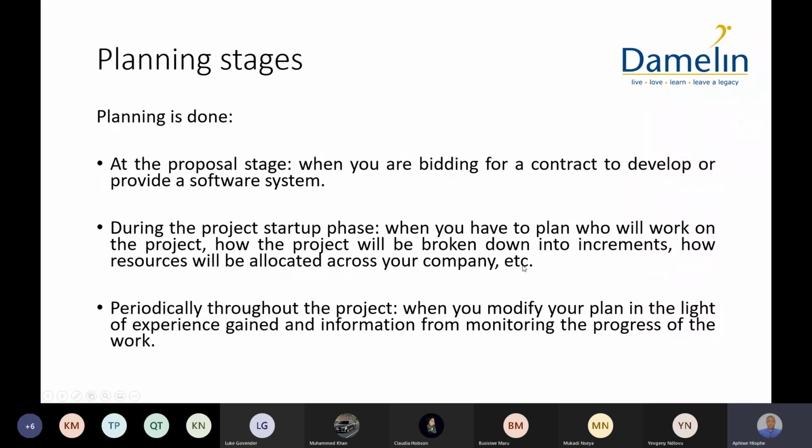Okay, so you do it at proposal stage, you do it at the project startup phase or the initiation phase. And then you also do it periodically throughout the project, when you modify your plan in the light of experience gained and information from monitoring the progress of the work.